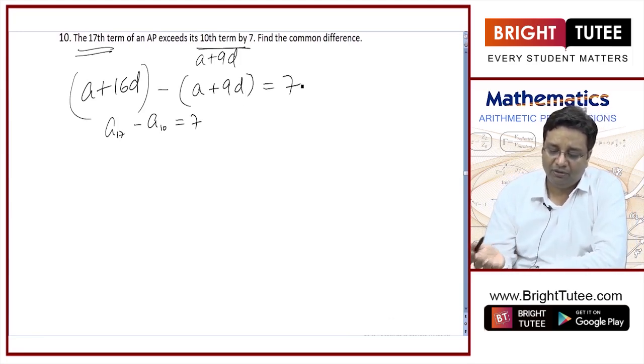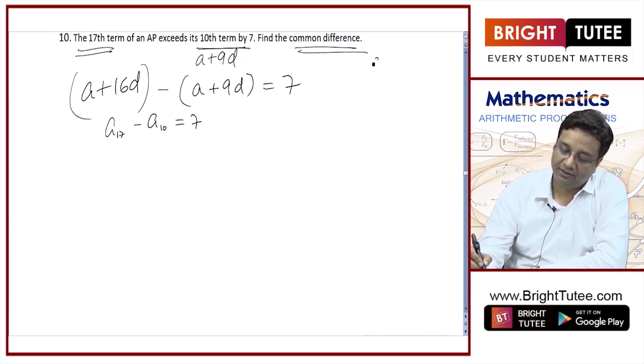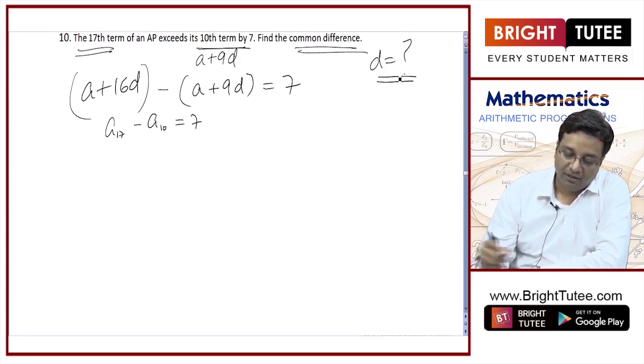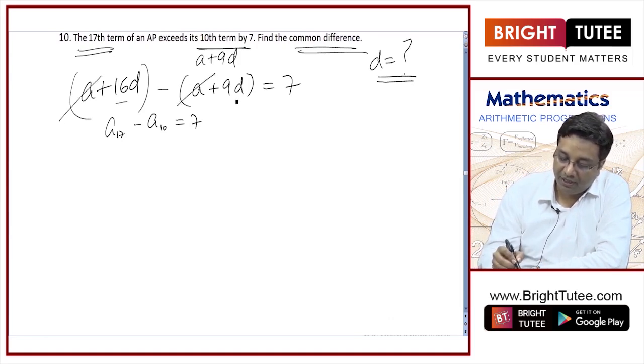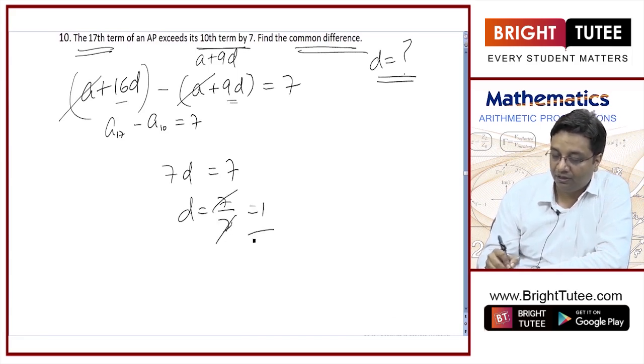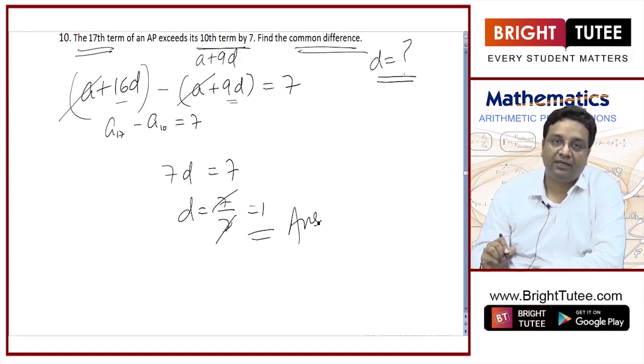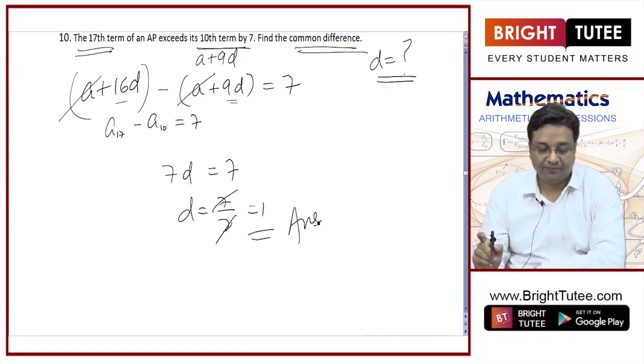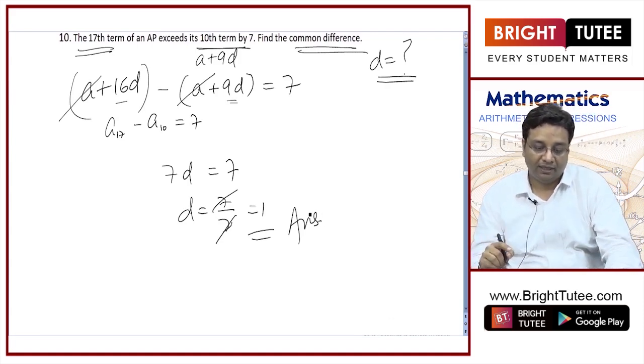And you need to find out common difference. So you can simply cancel out these A's. 16D minus 9D is equal to 7D, which is equal to 7. So D is equal to 7 by 7, that is equal to 1, right? So this is very simple question. Let's look at next question.